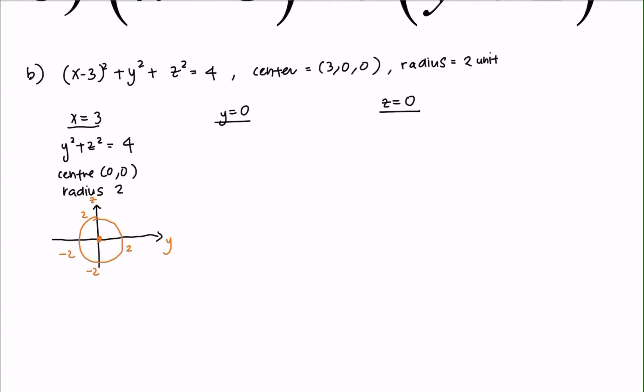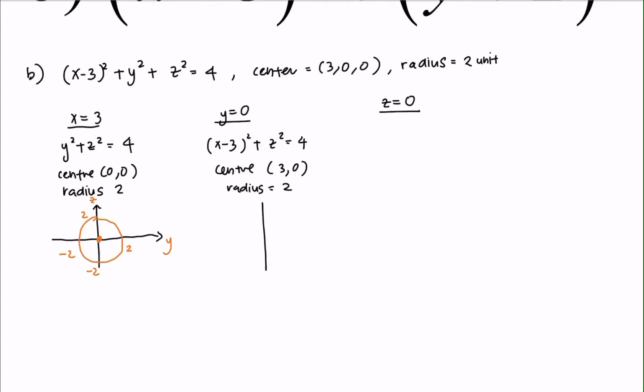The next one is y equal to 0, so we have (x minus 3) squared plus z squared equal to 4. This time, remembering the general form for a circle, the center will be 3, 0, and the radius is still 2.